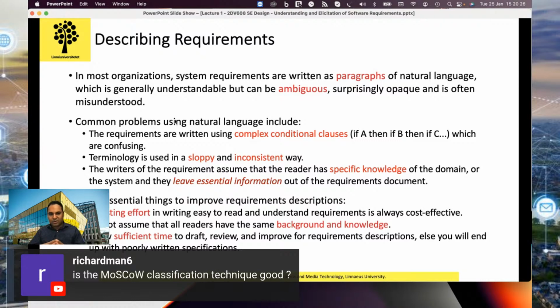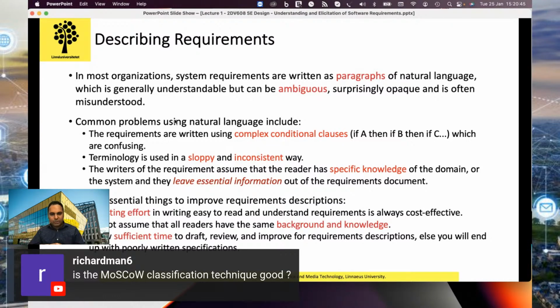So focus on being more explainable and easier to understand, and also allow enough time to draft your requirements document and review it multiple times with the stakeholders.